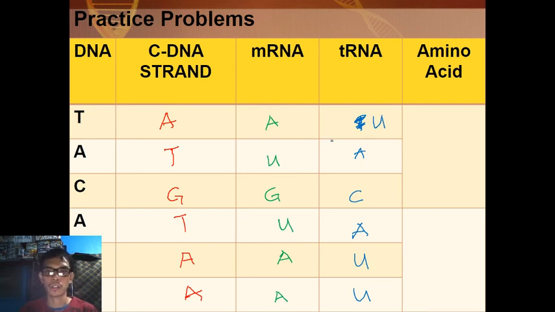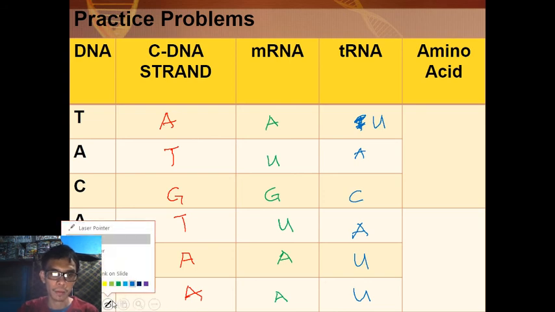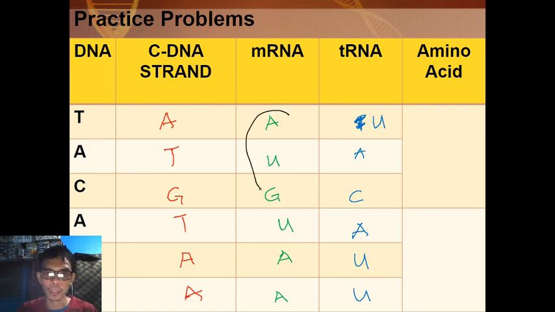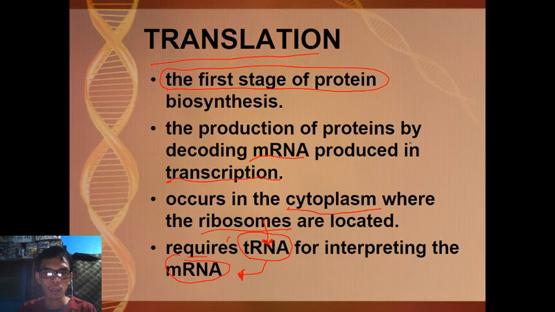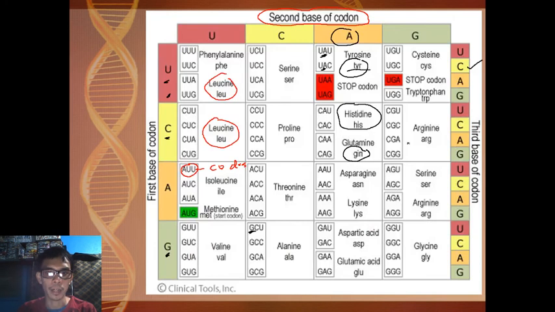Alright, so again, the amino acid. We will get the codon pattern of your amino acid coming from the mRNA. So let's start with the AUG. So let's take a look at the codon chart. AUG. Alright, so A, this is the first one.